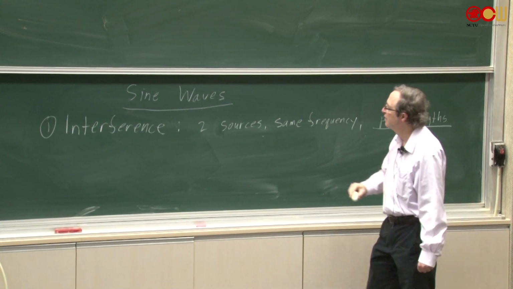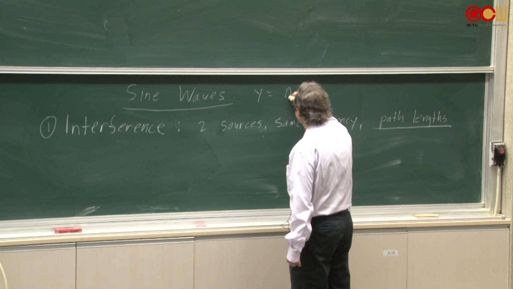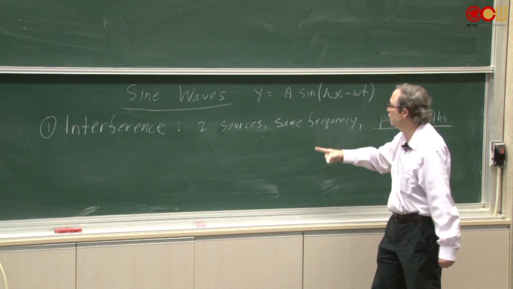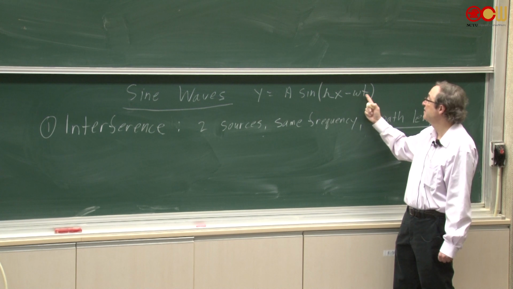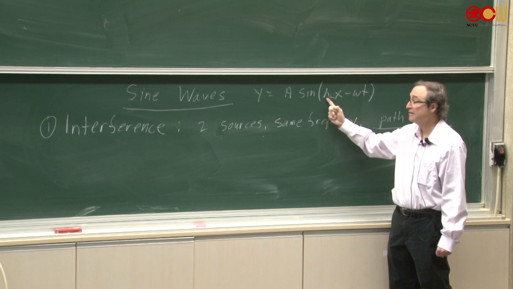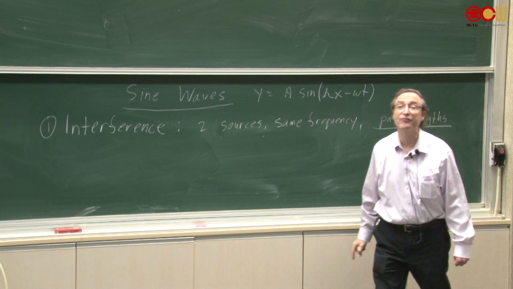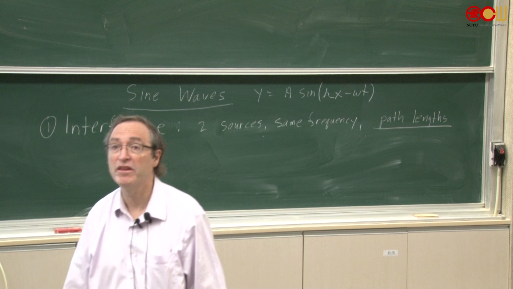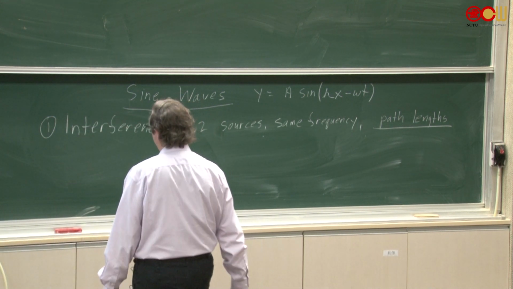So in other words, you have a sine wave, y equals, and you have 2 waves, 2 sources. Omega will be the same, t will be the same, k will be the same, but x will be different. There'll be different paths. And we want to see what the effect of that is. All right, so that's one topic.